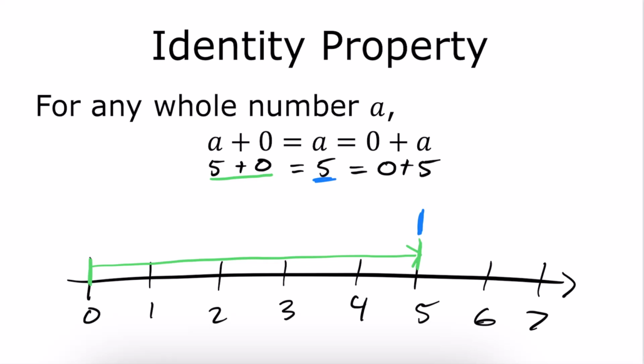And if I wanted to graph 0 plus 5, I would start at 0 and then go forward 1, 2, 3, 4, 5 units. And again, I end up in that same spot on the number line. And so this is a visual way to see that whether I take a number and add 0 to it, or if I do 0 and add that number to it, both of those results will equal whatever the number was.